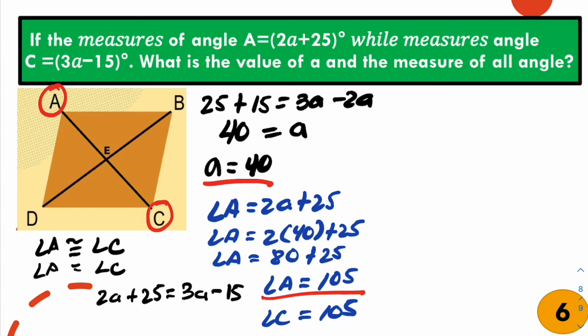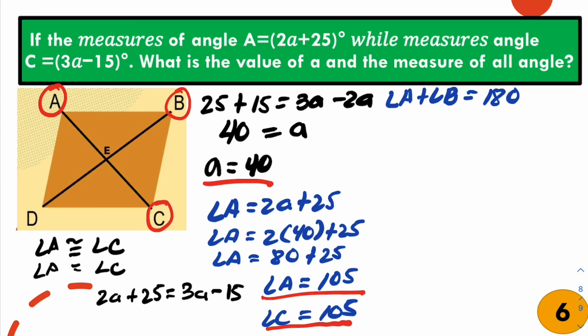Now, what do you think is the measurement of the other angle? How about angle B? What is the relationship between angle A and angle B? Very good, they are supplementary. Therefore, angle A plus angle B is equal to 180.